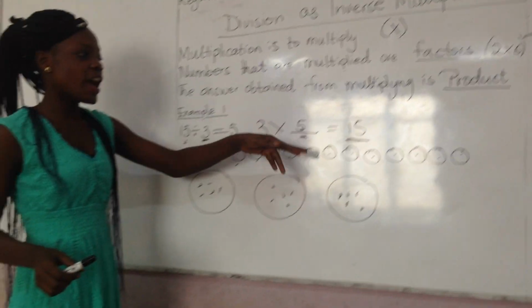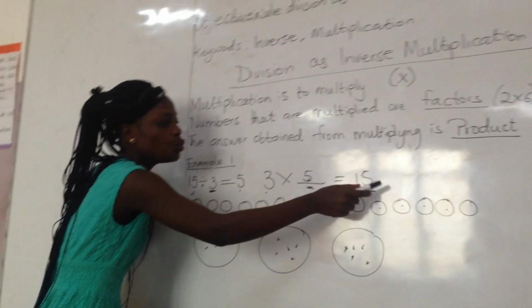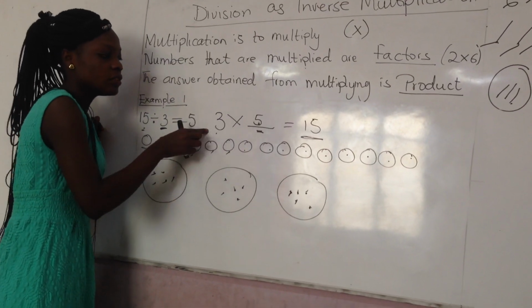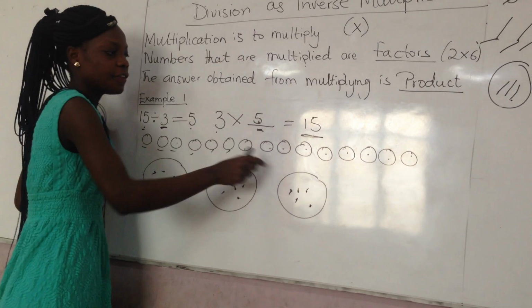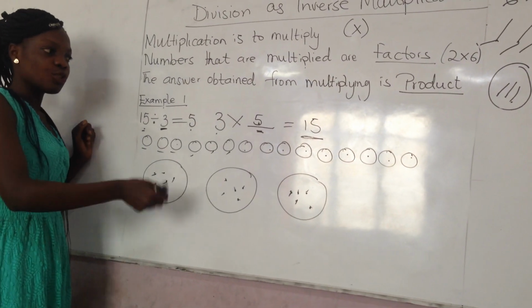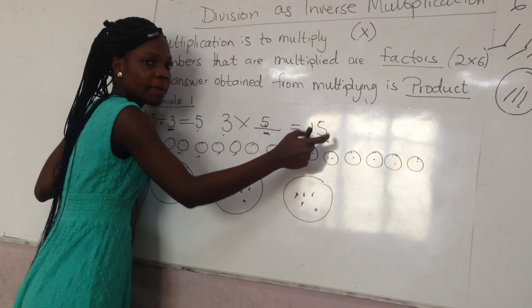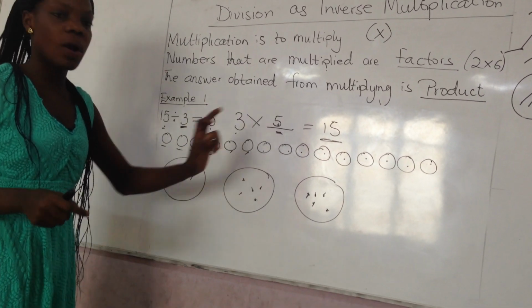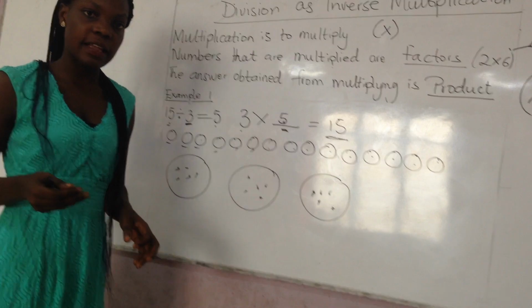So 3 times blank. You count 15 and then share it among 3 people. So always count the big number and then share it among the lesser number. You get your answer.